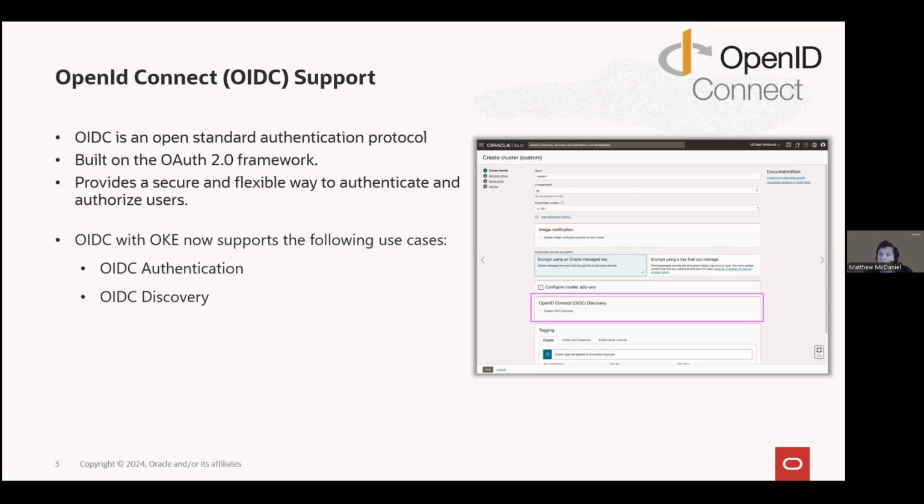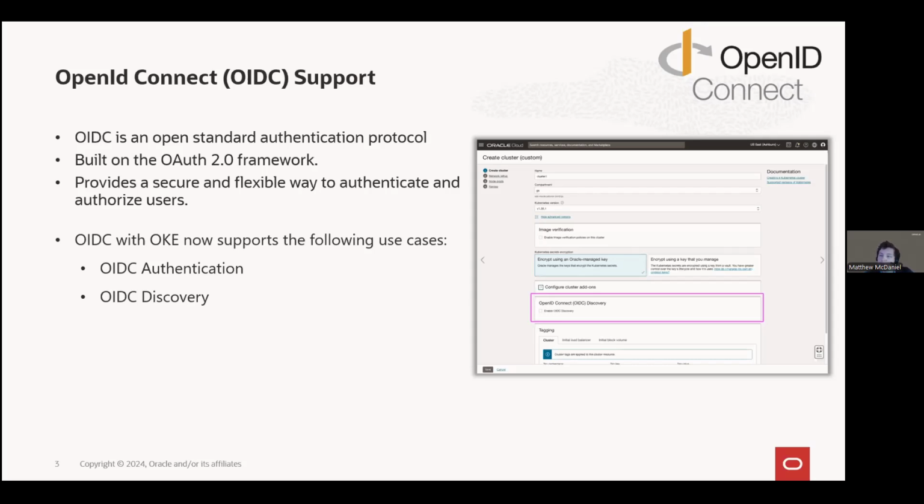Now, why use OpenID Connect? In a world where we're seeing increasing usage of, say, multi-cloud, where you have resources in Azure, resources in AWS, resources in OCI, it's becoming more important to couple these together, especially in the field of authentication and authorization.